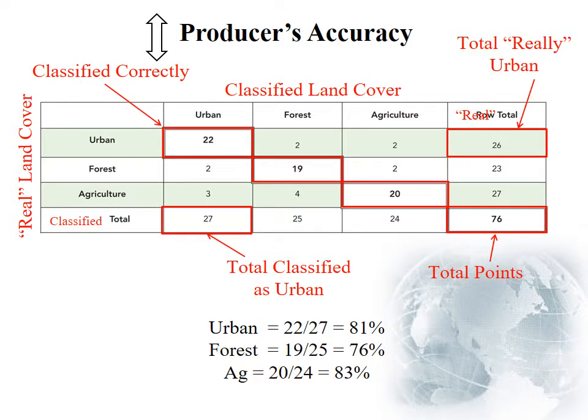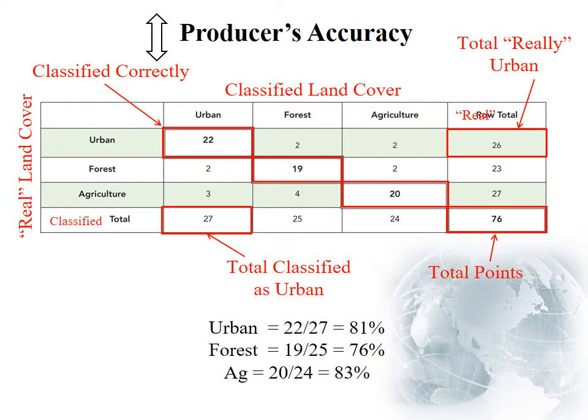Error matrices also get used to generate a couple of other measures of accuracy beyond the overall accuracy of an image classification. One of those is the producer's accuracy. This occurs when the map maker is omitting observations from classification. It's known as an error of omission or an error of exclusion.